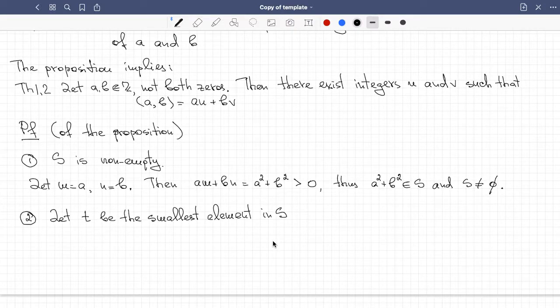So we have the smallest element. We want to say that this is the greatest common divisor.